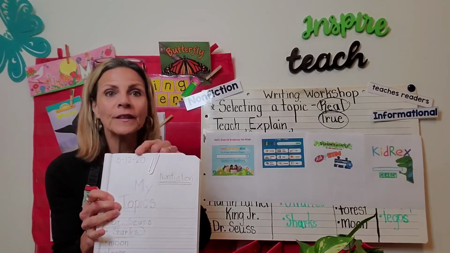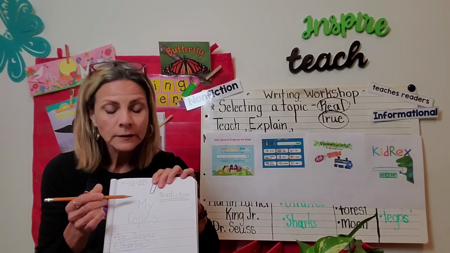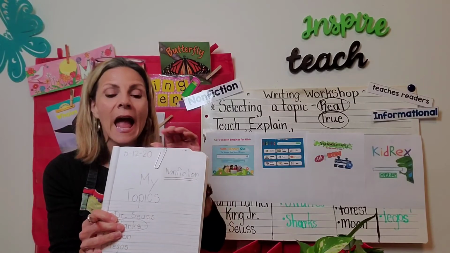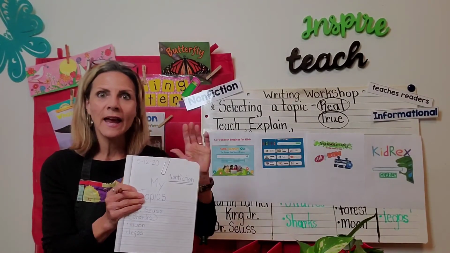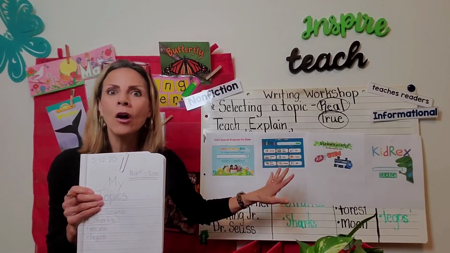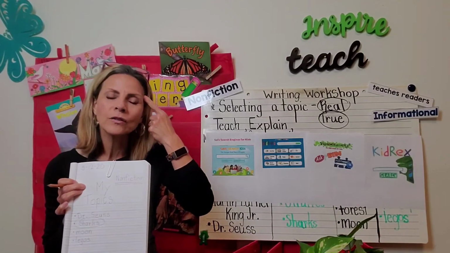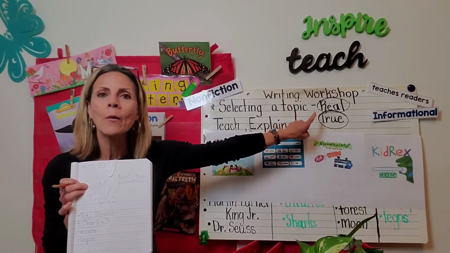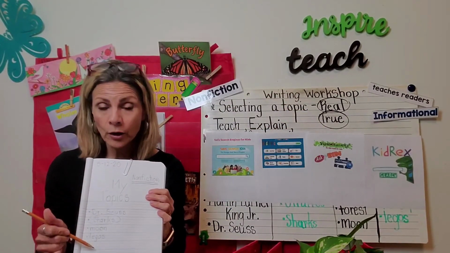I want you to put the date that you're working on this, and I want you to write your title, My Topics, Nonfiction. I want you to make a list. Now, I made a short list because I had taken some choices from my long list. So what I think would be good as you're thinking about real people, places, and things that you might want to write about, you might want to make a longer list than 4.